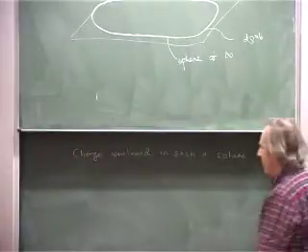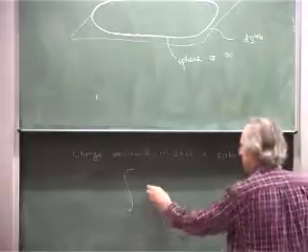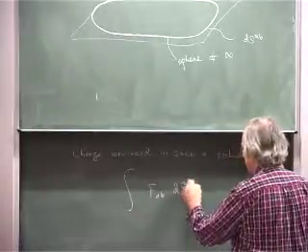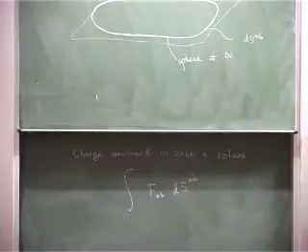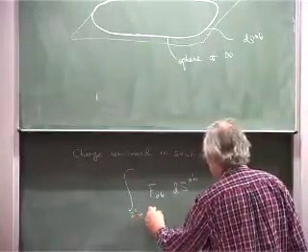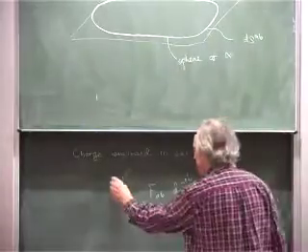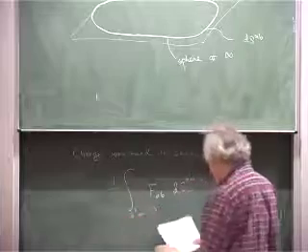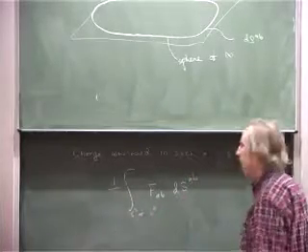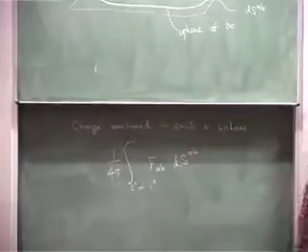And if I'm going to write down the charge, I have to integrate the field strength F^ab over this surface dS_ab, and this will be over a sphere at infinity. There is a conventional normalization factor which is 1 over 4 pi. And that defines the charge.